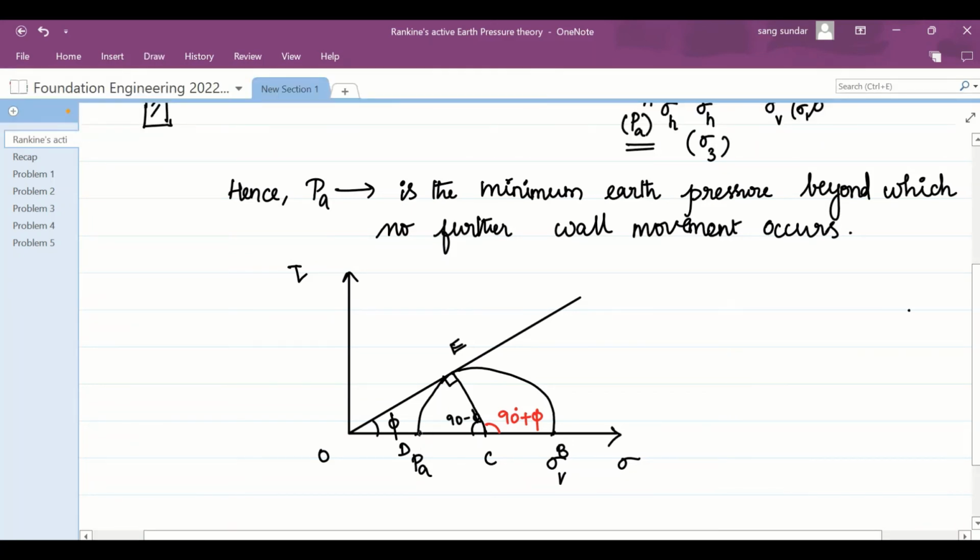And if I join DE, then this DE forms my failure envelope, and if this exterior angle is 90 degree plus phi, then this interior angle will be half of the exterior angle.